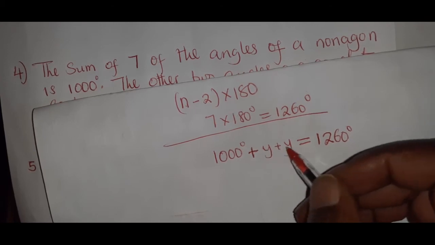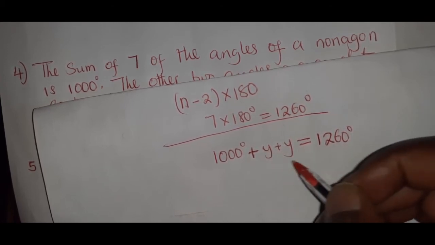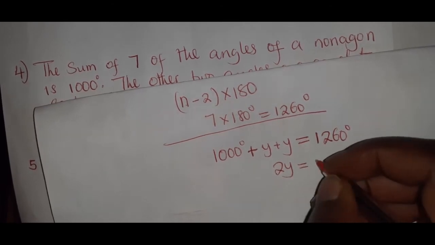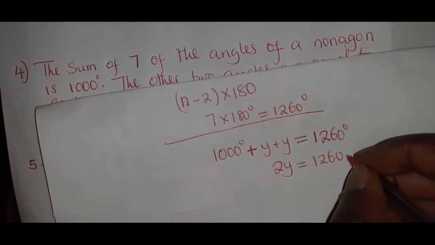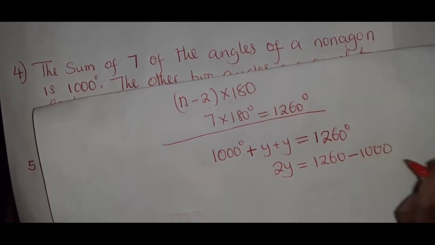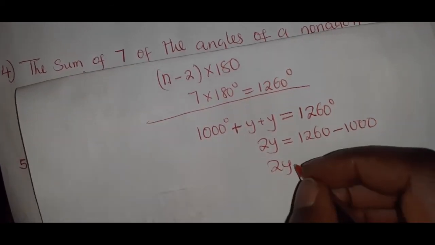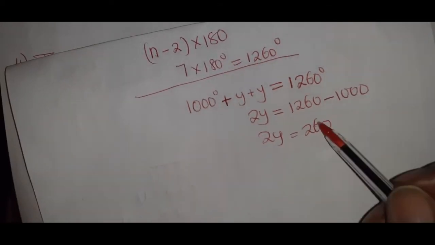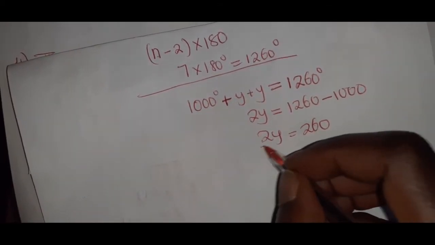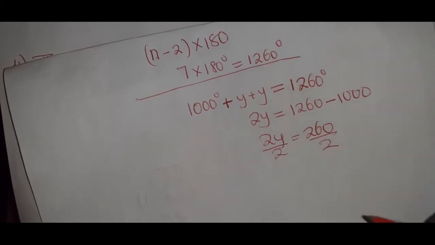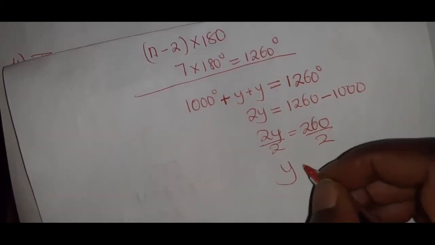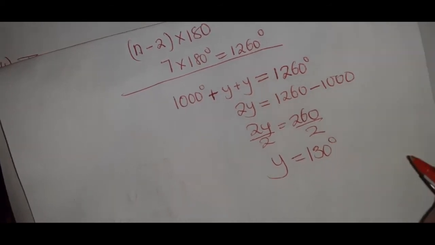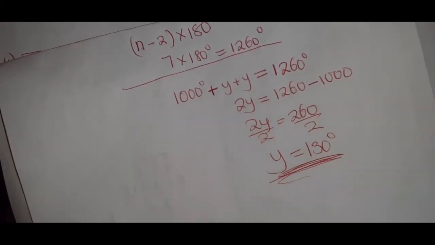I'm just giving an example. So 2y is equal to 1260 minus 1000, which gives 2y is equal to 260. Because these are equal, you divide both sides by 2. So y is equal to 130.